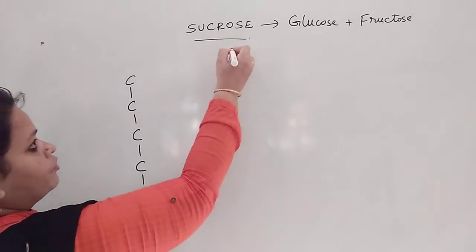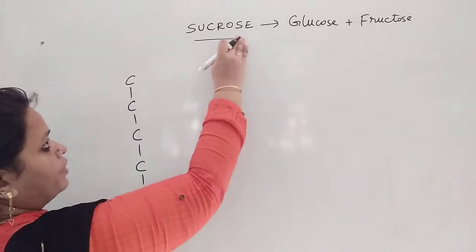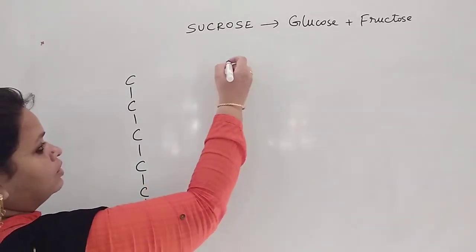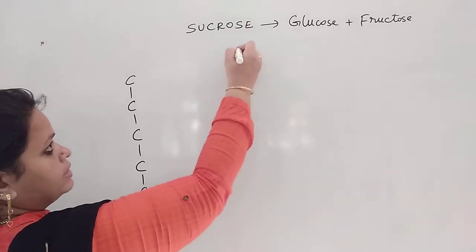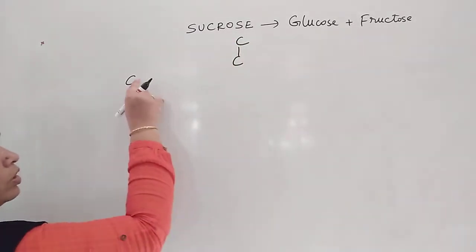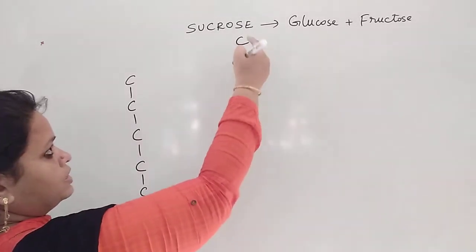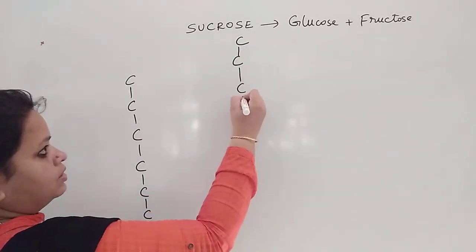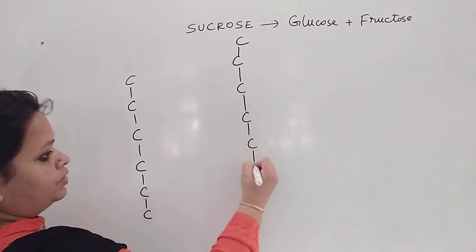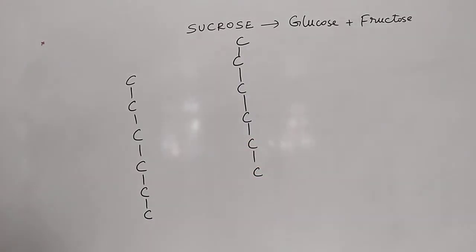fructose. And fructose, we know that fructose has got the C double bond O at the second carbon atom. So the bond will be between these two. So we can write first one, second one, third, fourth, fifth, and sixth. Okay.